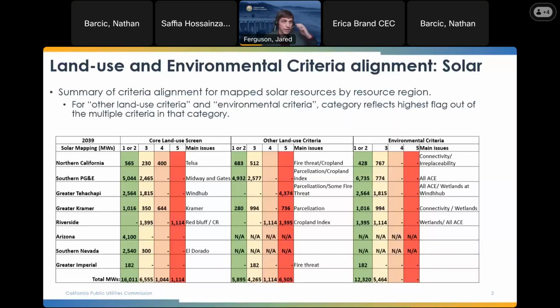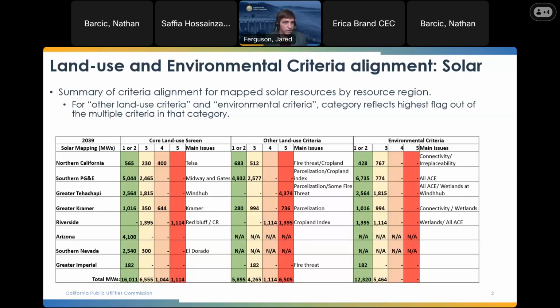So next slide, please. In the dashboard that was released after the workshop, we had the individual substation and resources criteria alignment like Sophia was showing. So for the 50 megawatts at Olive, you could see those implications. I'm trying to show here some higher regional area summaries of alignment.